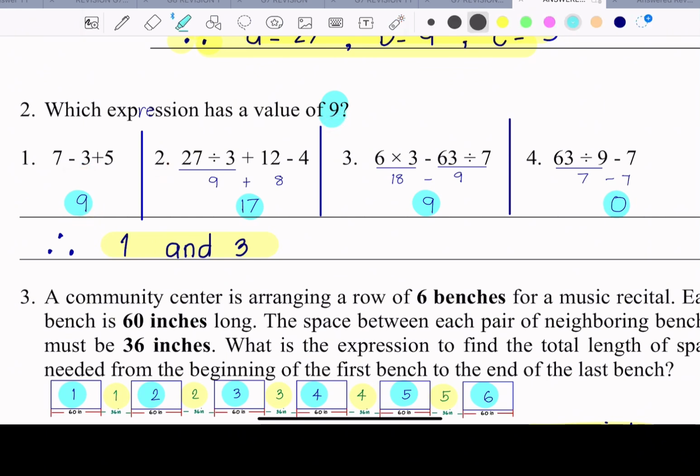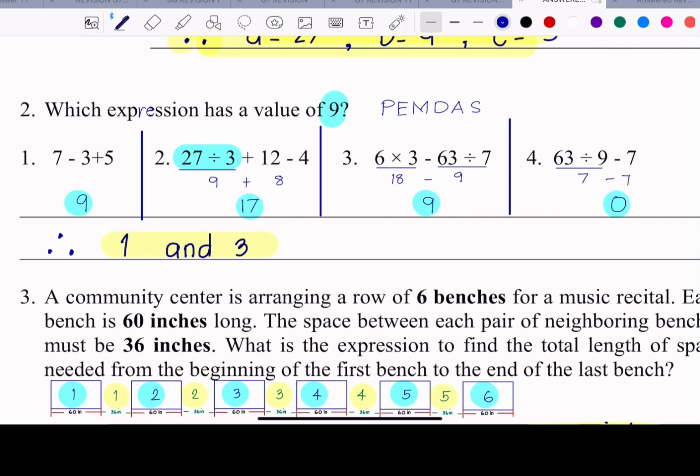Number 2. Start with, remember the PEMDAS: parenthesis, exponent, multiply, divide, add, and subtract. So we have 27 divided by 3 first, which is 9.